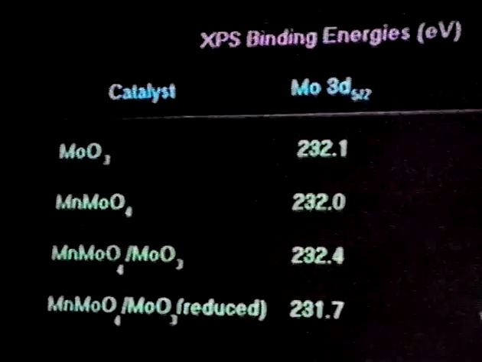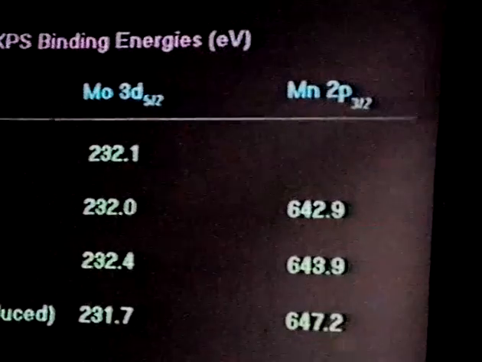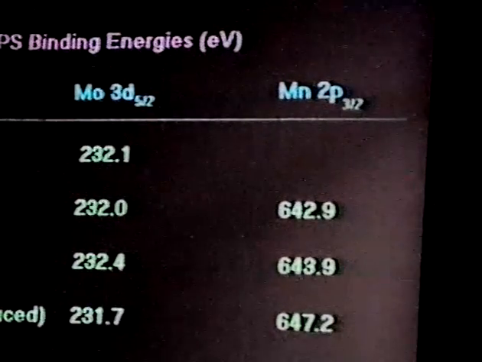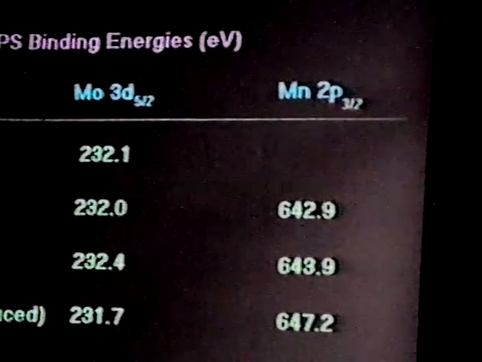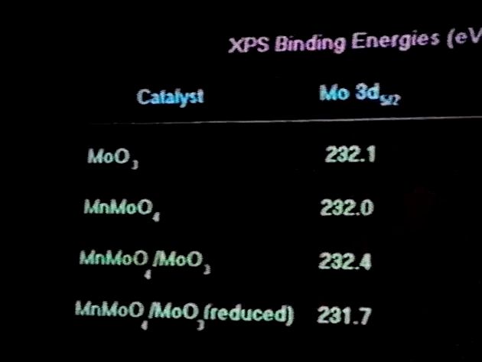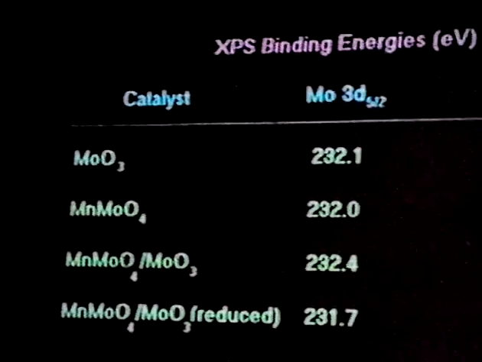There was a positive binding energy shift for manganese 2p 3/2 binding energy, and a negative binding energy shift for molybdenum 3d 5/2 binding energy. And we have a feeling that this may give us some clues about why the promoted catalyst is behaving the way it is. And we are suspecting that it may have something to do with the electron exchange between the cations, manganese and molybdenum, over the promoted catalyst.